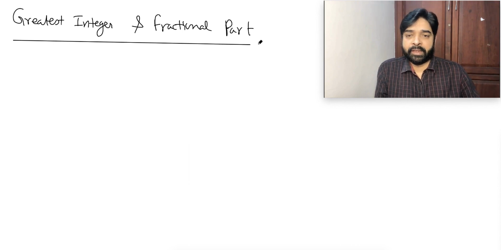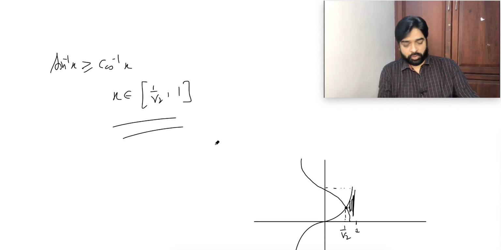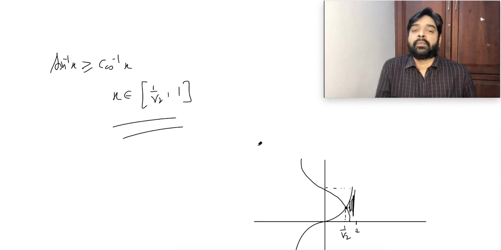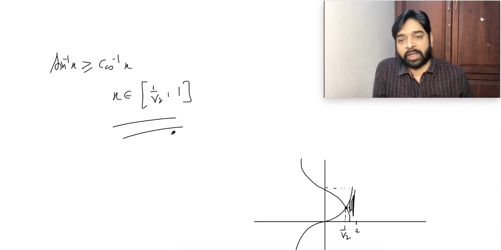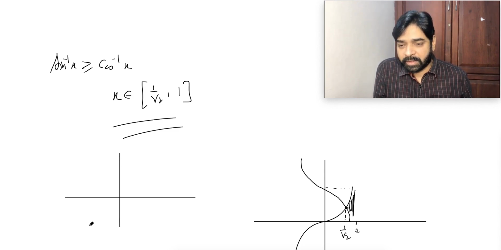Here one person has a doubt. Why is 1 closed? Suppose it's open also, then also 1 will be closed. What do we want? We want sin inverse x to be above cos inverse x.